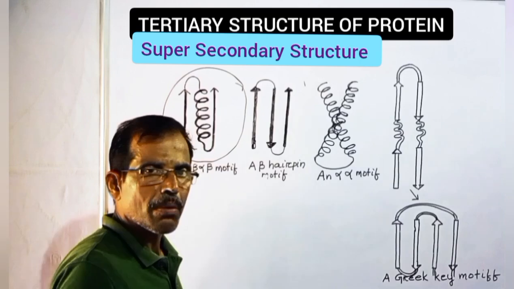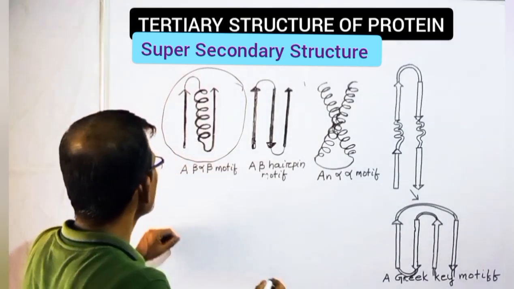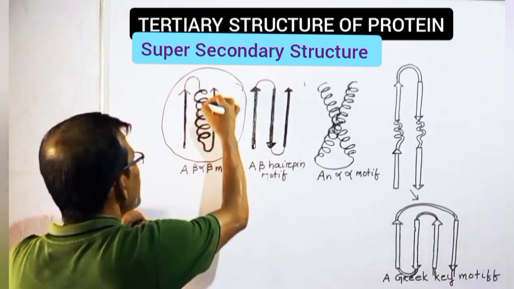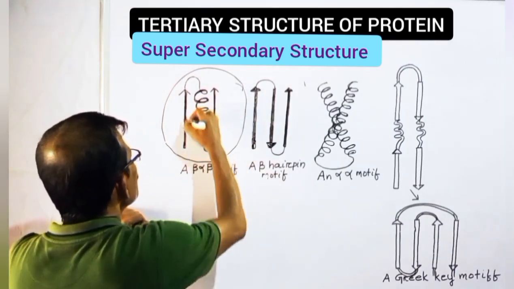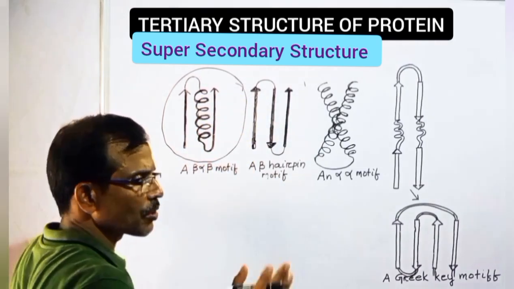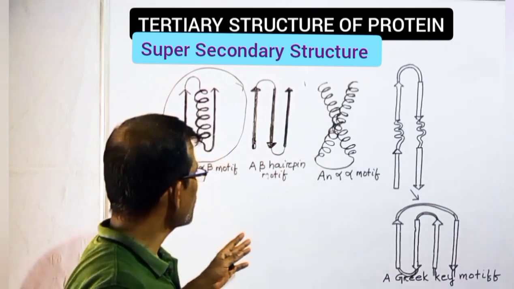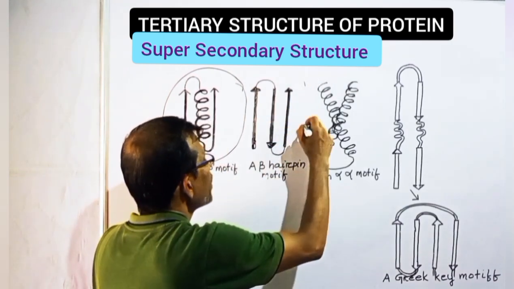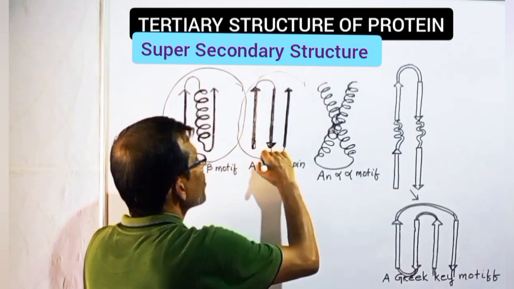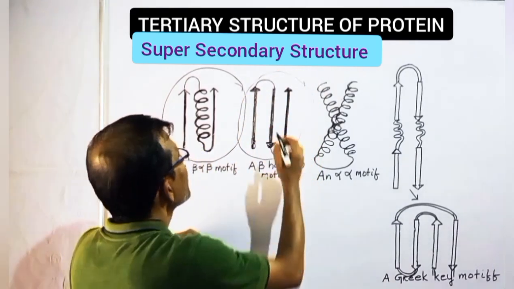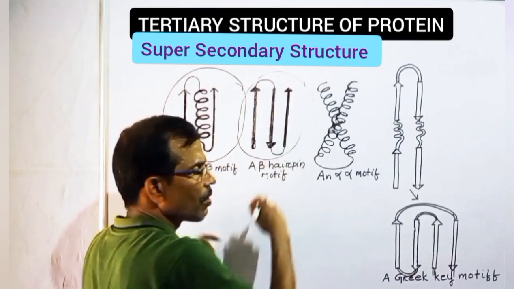The most common supersecondary structure is the beta-alpha-beta motif, in which an alpha helix connects two parallel strands in a beta sheet. Another common supersecondary structure is a beta hairpin, which consists of antiparallel beta strands connected by relatively tight loops.